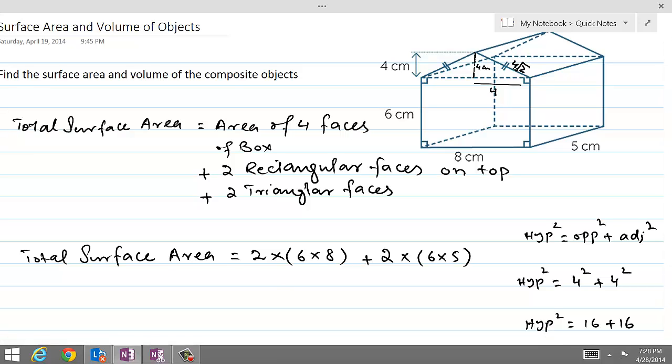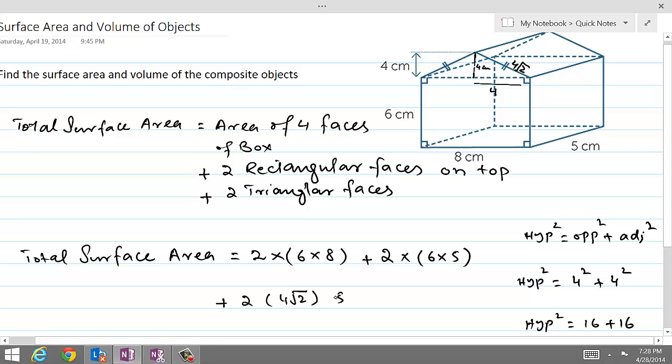So this is 4 times root 2, and this is the width of one rectangular face on the top. Therefore, this can be written as plus 2 times 4 times root 2, that's the width of one face, and the length is 5 as it is the length of the box at the bottom. So this is going to give us the total surface area of both rectangular faces on the top. Now we are left with the front triangle and a triangular face on the back.